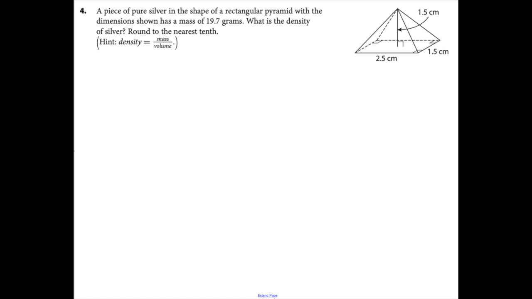All right, so here's a question. A piece of pure silver in the shape of a rectangular pyramid with the dimensions shown has a mass of 19.7 grams. What is the density? So notice how they use the words rectangular pyramid. Rectangular tells us what kind of base we have, okay? Because remember, we need the area of the base.